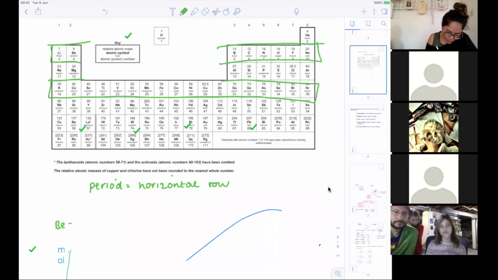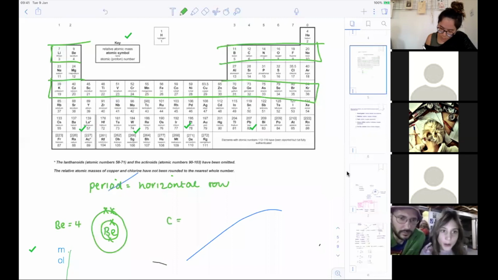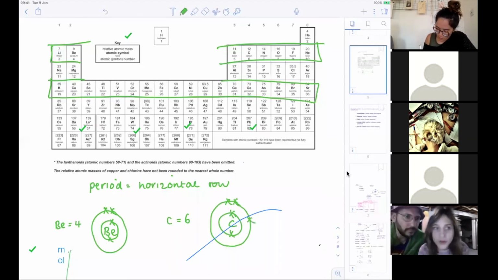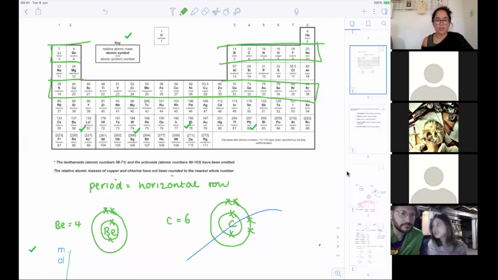We can see that it has 4 electrons. So I'm going to draw its electronic configuration. And then I'm going to compare it to carbon, which has 6 electrons. Notice how I'm filling up my shells. You draw pairs of electrons at 12 o'clock, 3 o'clock, 6 o'clock, and 9 o'clock.